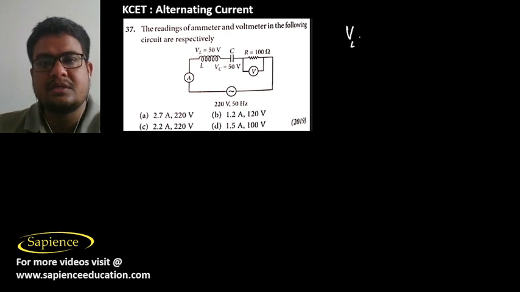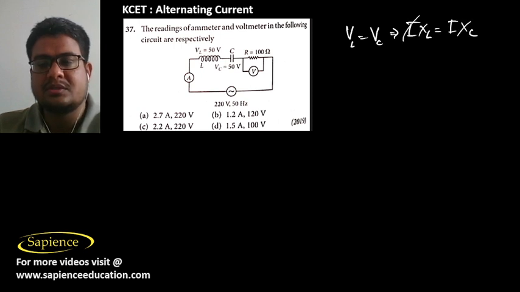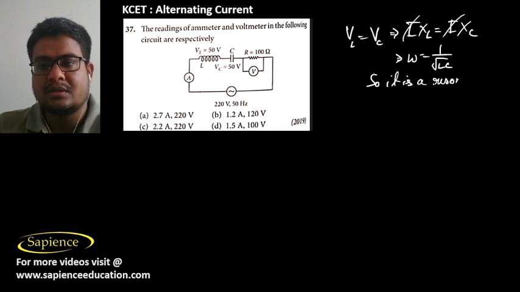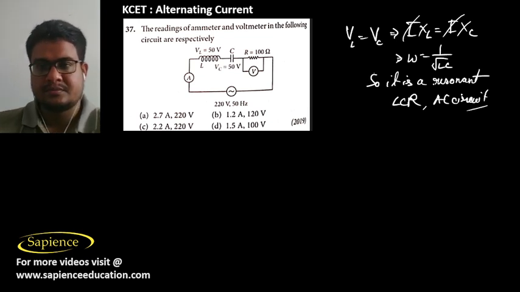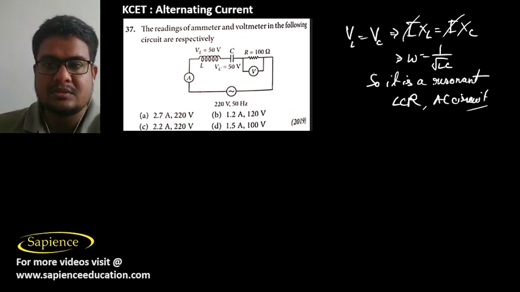So here VL is equal to VC, which means I into XL is equal to I into XC. That means omega equals 1 by root LC. So it is a resonant AC circuit.